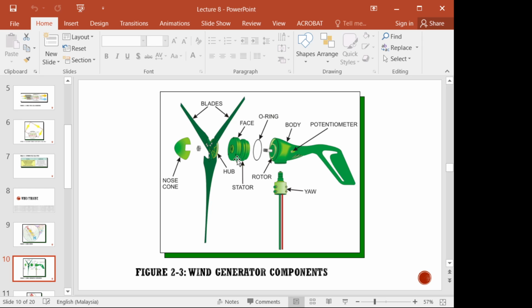We have the hub to be connected. We have the stator, we have the O-ring, we have the body of the wind turbine, we have the potentiometer, and we have the yaw. These are the basic components of a wind turbine.